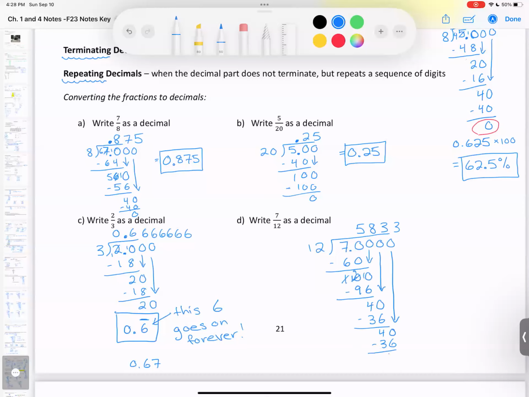So once again, I'm going to get a 4. No matter how many times I do it, I'm going to keep getting 4s. And so our answer then is going to continue on with 3s forever. So we could write this as 0.583 bar like that to show that that 3 goes on forever.